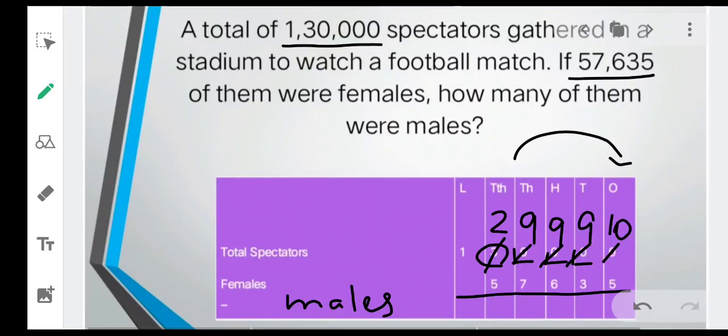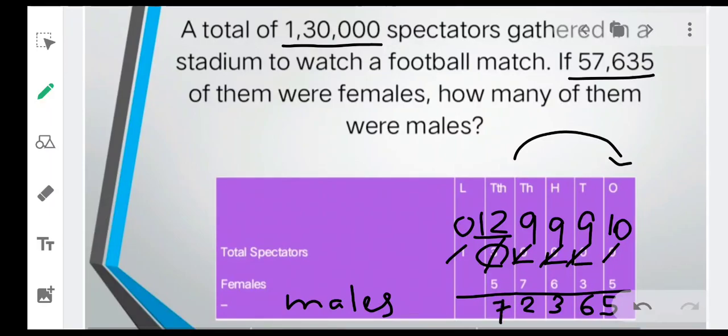So 10 minus 5, 5. 9 minus 3, 6. 9 minus 6, 3. 9 minus 7, 2. But here in the 10,000 column, 2 minus 5 is not possible. So we go to the lakh column. 1 minus 1 becomes 0, and we give this one to the 10,000 column. So 12 minus 5, 7.